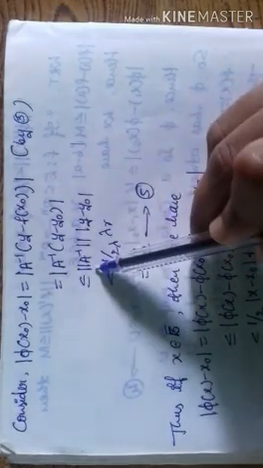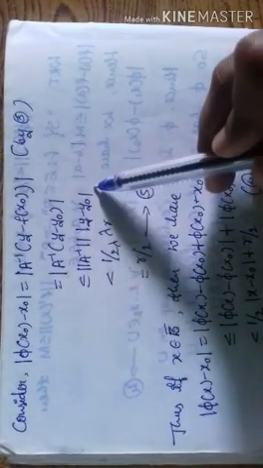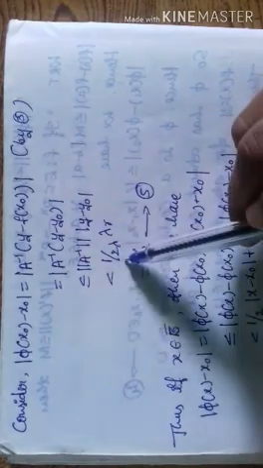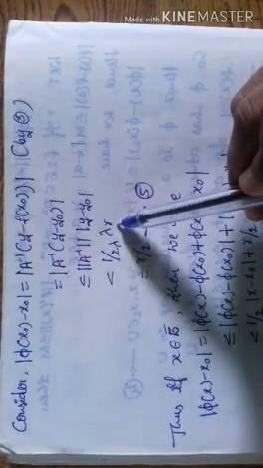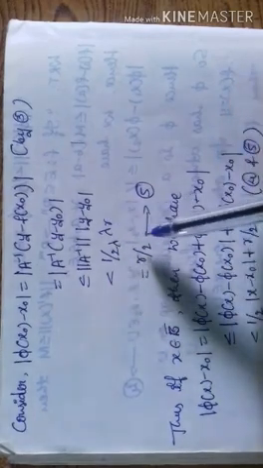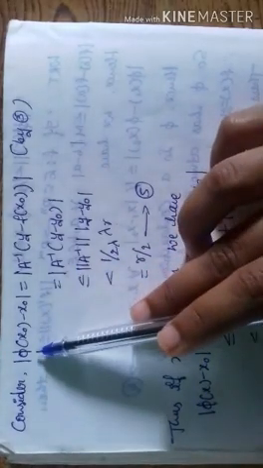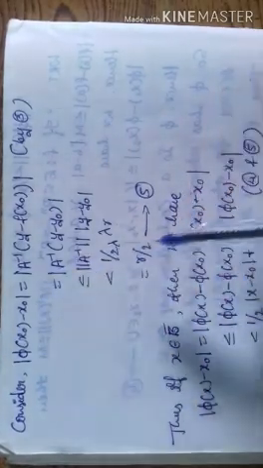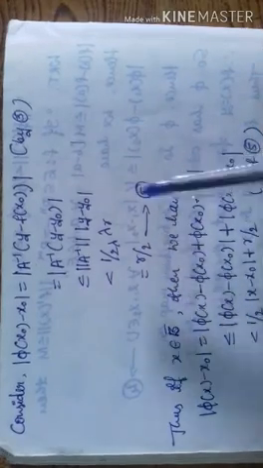This is less than or equal to the norm of A inverse into mod y minus y0. We know that the norm of A inverse is less than 1 by 2 lambda, and mod y minus y0 is less than lambda r. So lambda cancels, and this is equal to r by 2. That is, mod pi of x0 minus x0 is less than r by 2. Call this equation number 5.